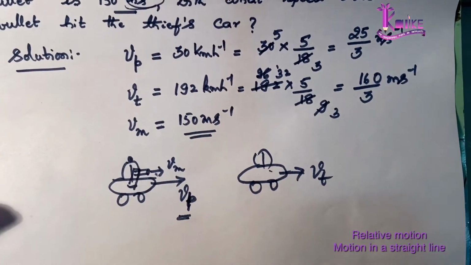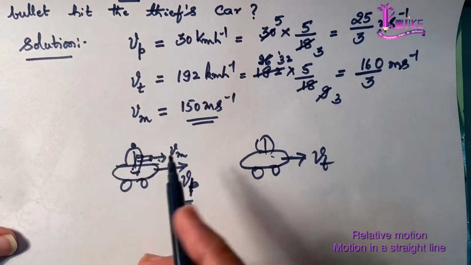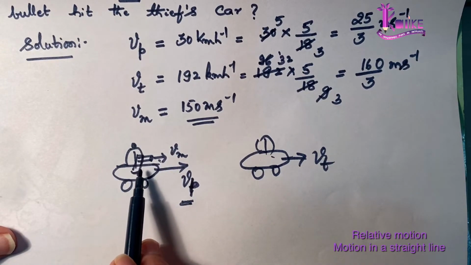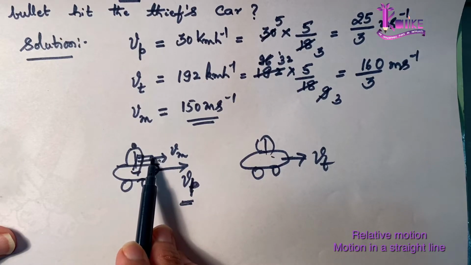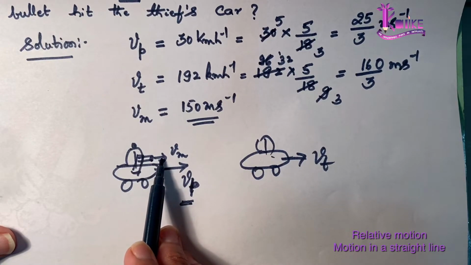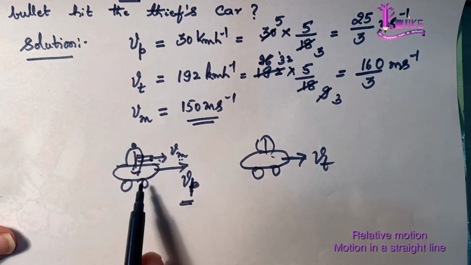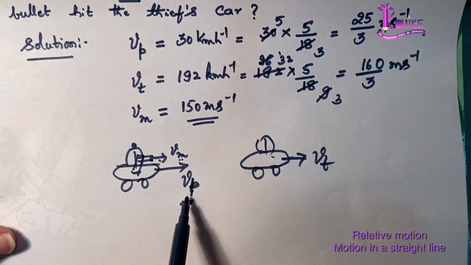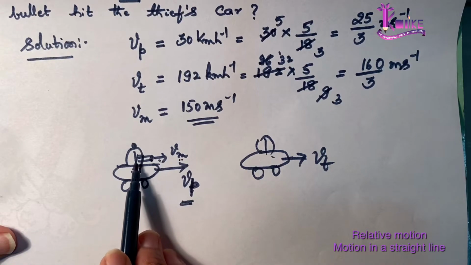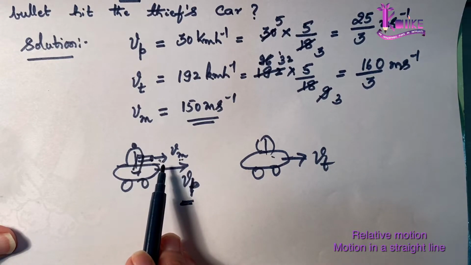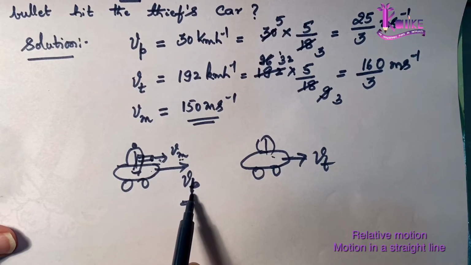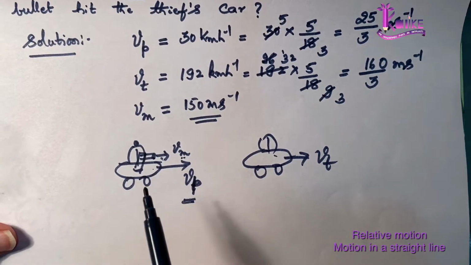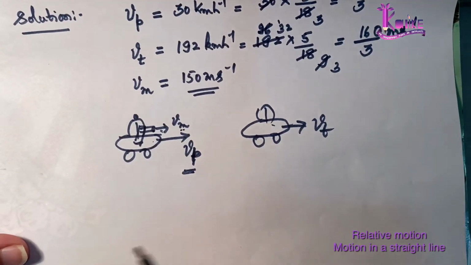So what will be the speed of the bullet? When you are calculating the speed of the bullet, you have to take the initial speed with which it comes out of the barrel of the gun, which is nothing but the muzzle speed, plus the speed of the police car, because the gun is also traveling with the same speed as the police car. So that becomes the total speed of the bullet.